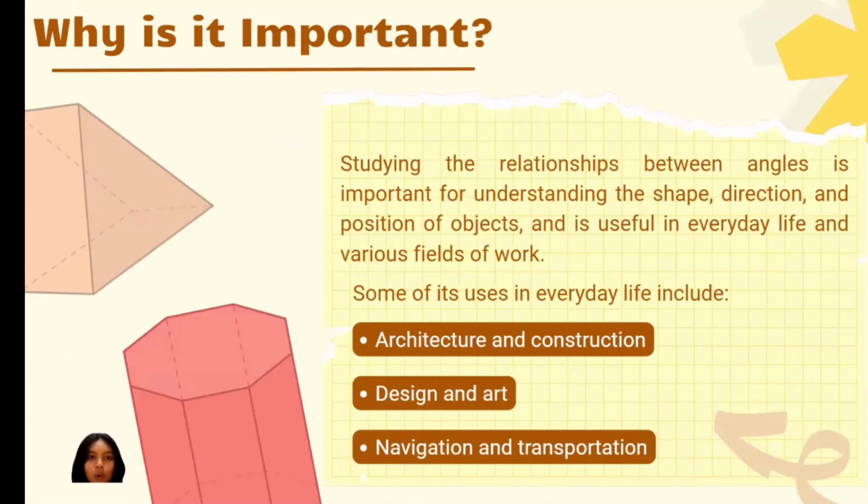Next is, why is it important? Why is studying the relationships between angles important? It is important for understanding the shape, direction, and position of objects, and it is useful in everyday life and various fields of work.